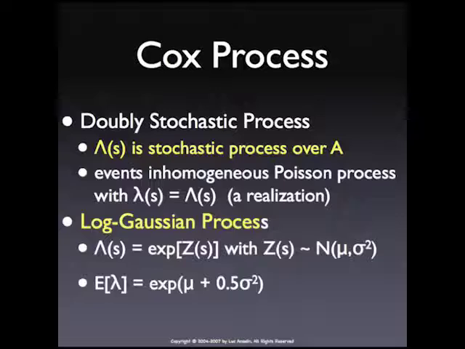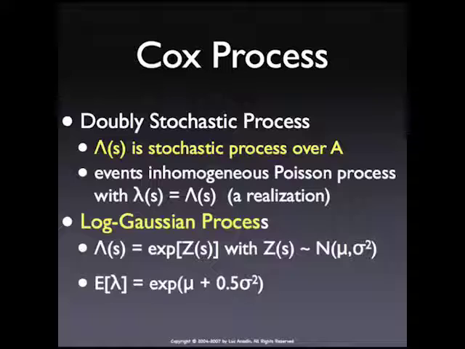So we no longer know ahead of time what lambda S will be in each location. That's the big difference with the previous one. In the previous one, once we write down our equation for lambda S, we know what it's going to be in any location X and Y. Here we don't. It's random. So here the intensity is itself a draw from a distribution.